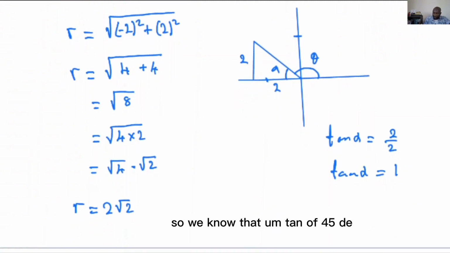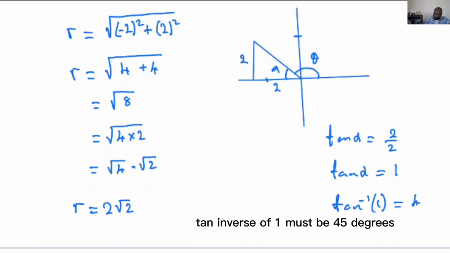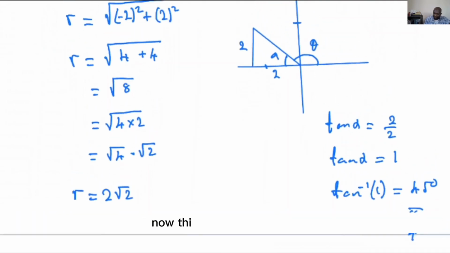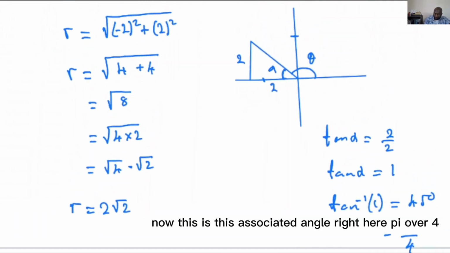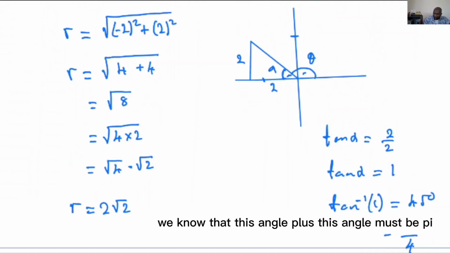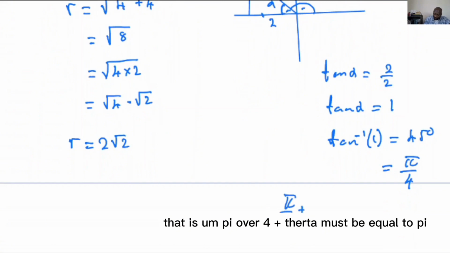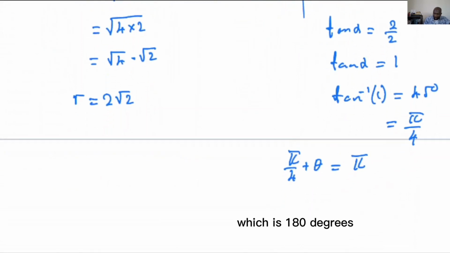So we know that tan of 45 degrees is 1. So alpha, tan inverse of 1, must be 45 degrees, or we can say it is pi over 4. Now this is the associated angle right here, pi over 4. We know that this angle plus this angle must be pi. That is, pi over 4 plus theta must be equal to pi, which is 180 degrees.